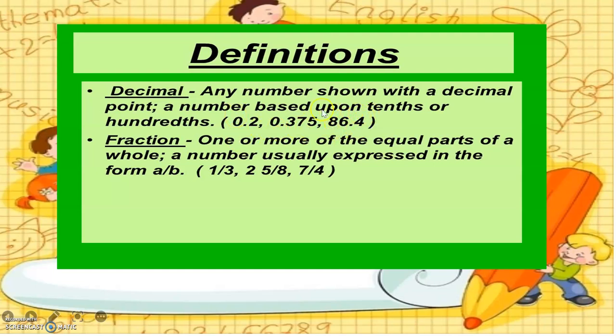A fraction is one or more of the equal parts of a whole, a number usually expressed in the form a over b, like 1 over 3, 2 and 5/8, 7 over 4. So these are examples of fractions.